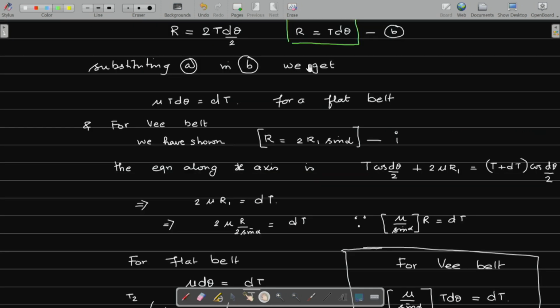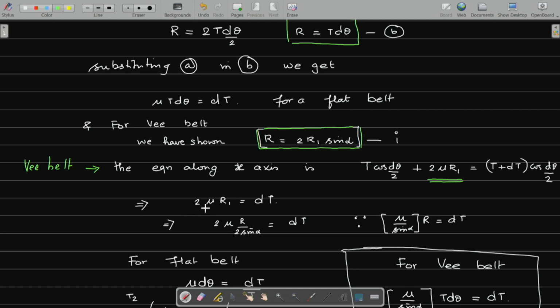For a V belt, we have already shown that though the belt does not press on the base, it presses on the lateral sides, and because of that you have a normal reaction R1, and if R is the normal to the surface, R is equal to 2 R1 sin alpha, and there is friction on both the sides of the trapezoidal. So this is for a V belt. T cos d theta by 2 plus 2 times mu R1 is going to be equal to T plus dT cos d theta by 2.